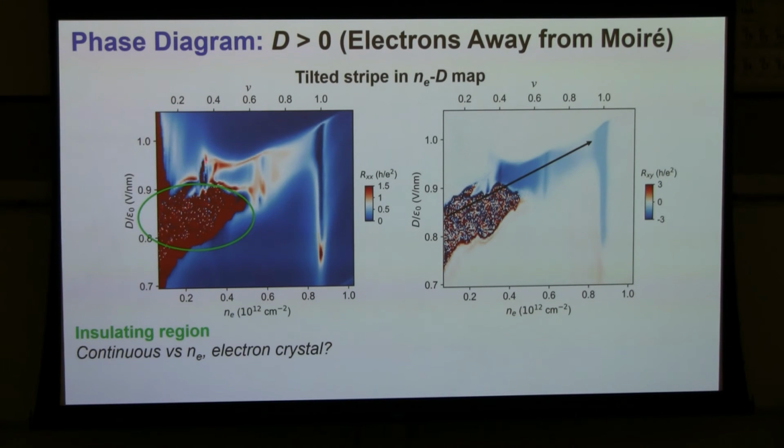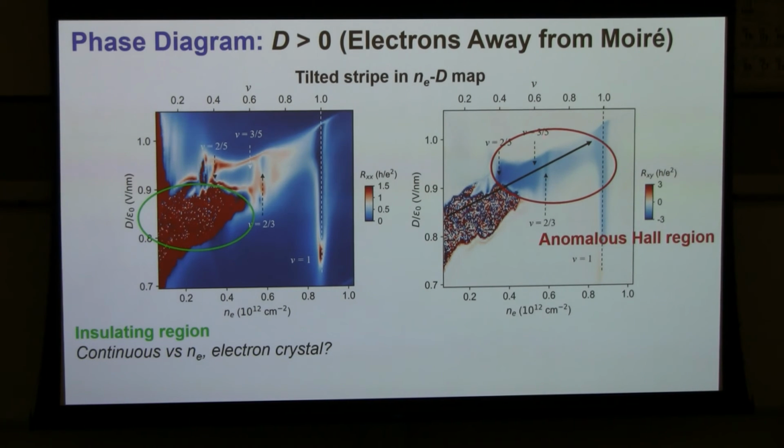At the higher filling factor of the Moiré, or density, you get this region that has a clearly well-defined anomalous Hall signal. And there are finer features inside this region corresponding to fractional filling of the Moiré, right? 1 electron per Moiré, 2/3, 3/5, 2/5. Some of them are easier to see in the Rxy map, some are easier to see in the Rxx map.